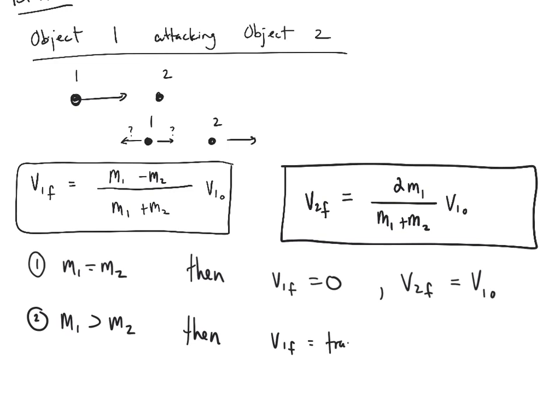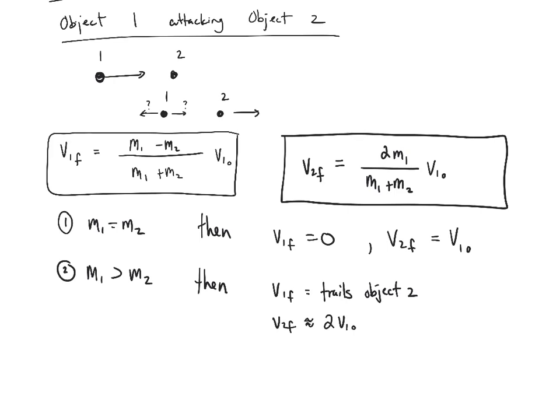V1F trails object 2. V2F is approximately double the initial velocity. Let's put an approximation symbol there. Approximately. Okay, V1F trails object 2.